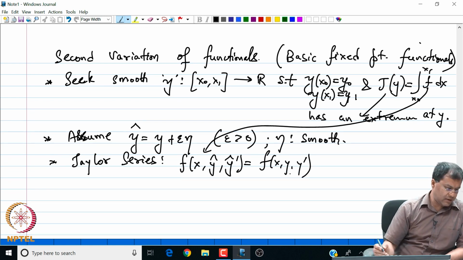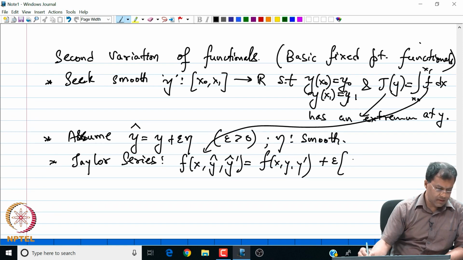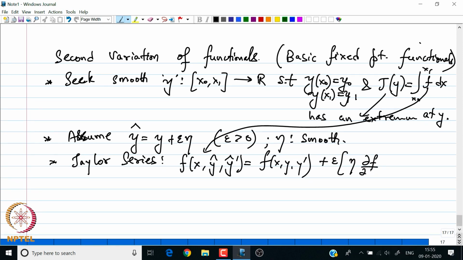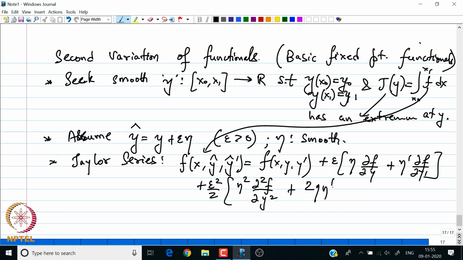We are expanding about the extremal, plus epsilon times eta partial f partial y plus eta prime partial f partial y prime, plus epsilon square by 2 times eta square partial square f partial y square, plus 2 eta eta prime partial square f partial y partial y prime, plus eta prime square partial square f partial y prime square, plus order epsilon cube.